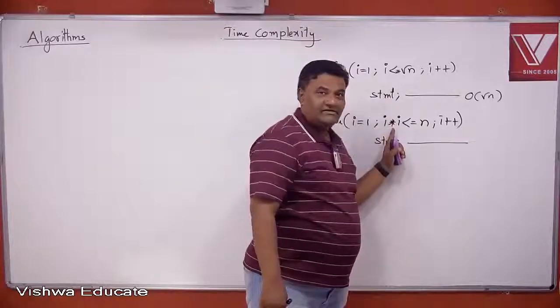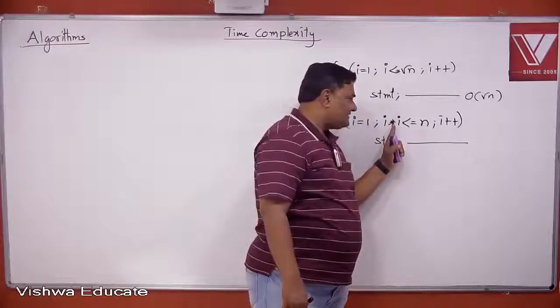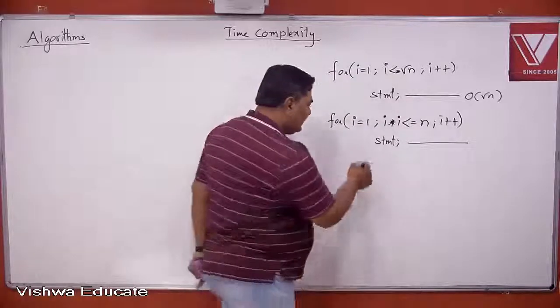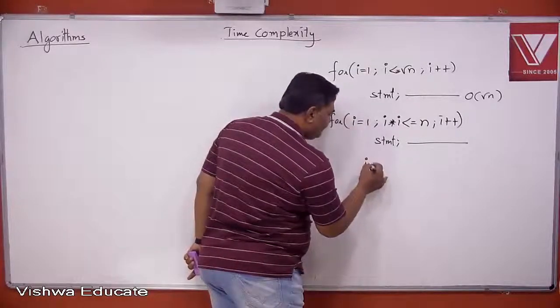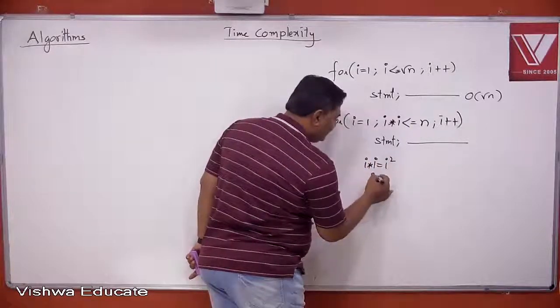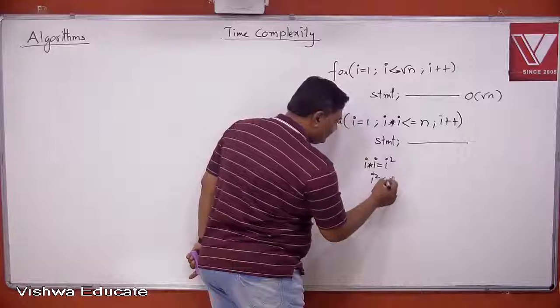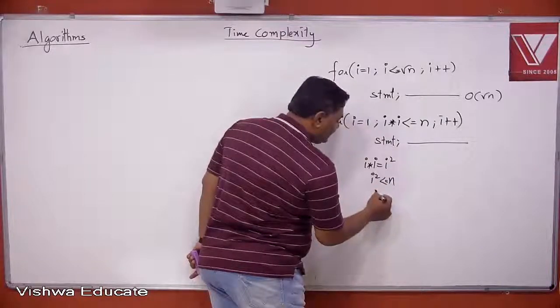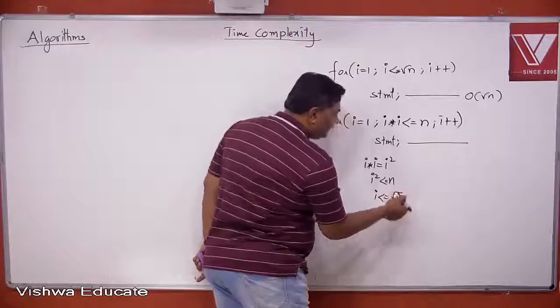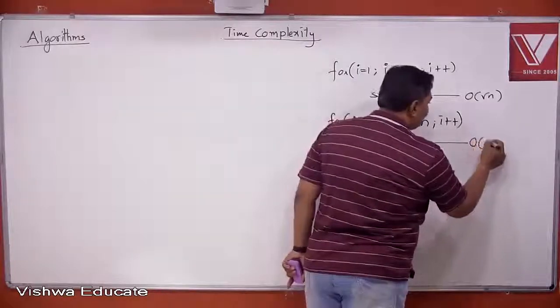So we want I, we don't want I square. Send square on that side, root n. So I square, I into I is I square. So I square less than or equal to n. So I is how much? Less than or equal to root n. So again it is same thing only, root n. So this is also root n.